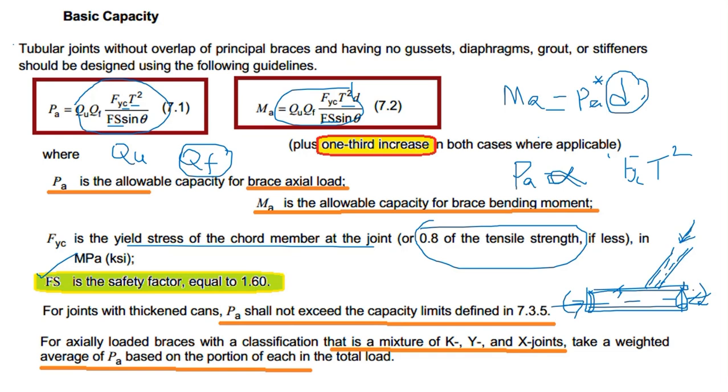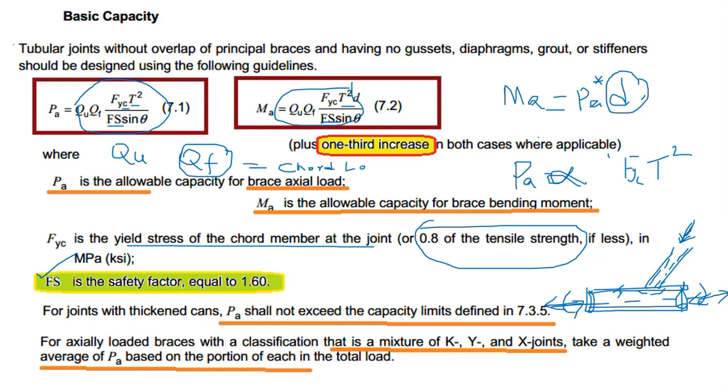If the can is already loaded with tension, and you apply compression on it, it cannot take more load because the capacity is reduced. So the actual load on the can also influences the allowable capacity of the brace for axial loads or bending moments. That's why QF is the can load factor.